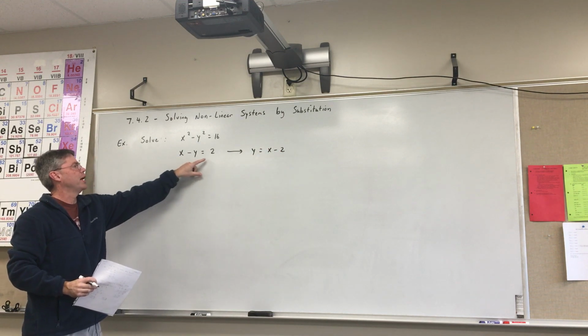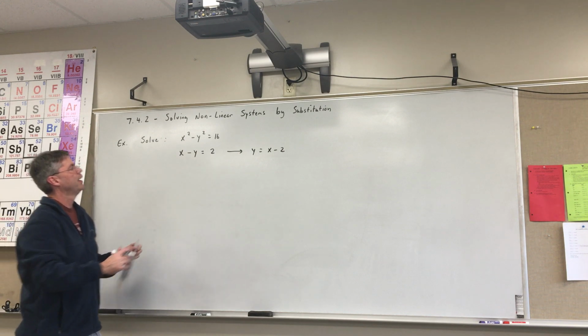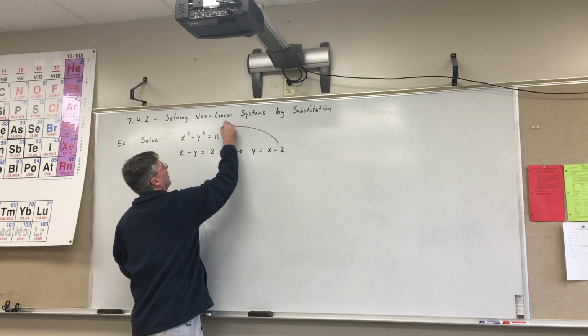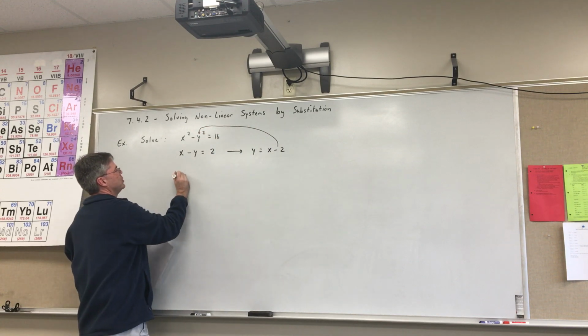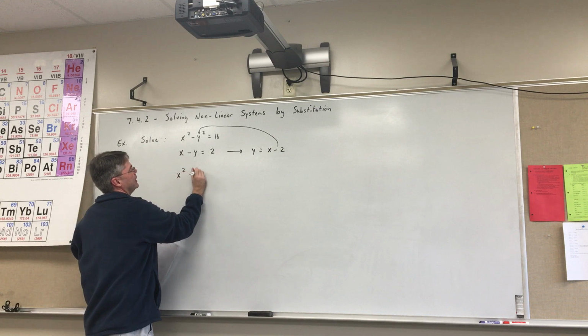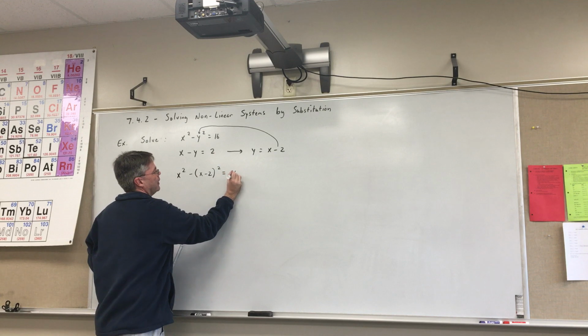So I pushed the y to the right side, made it positive, pulled the 2 to the left side, and then for y we'll plug in x minus 2. So we have x squared minus x minus 2 all squared is equal to 16.